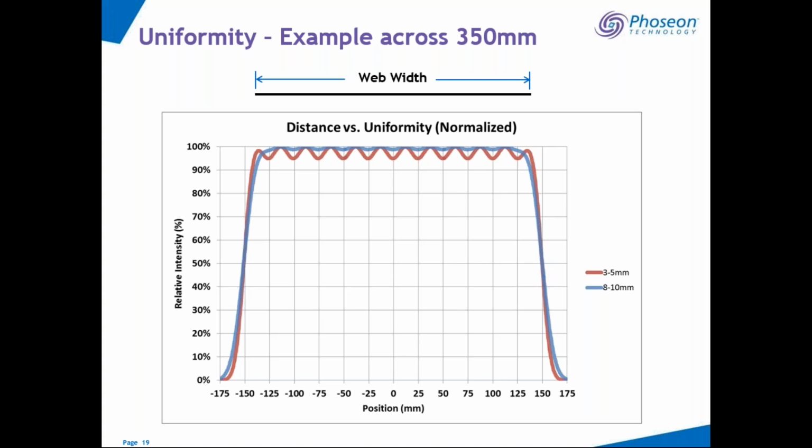So it's important to understand this uniformity is a key requirement to ask any of the LED suppliers in the market. If you ask them to show their uniformity by lamp, they should be able to provide that for you and give you the confidence that you'll see their UV output over time. Certainly Phoseon does that.